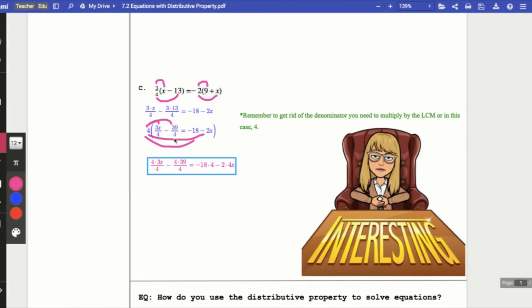All right, so that's what happens when I multiply. It looks insane, but really this is just one step at a time. Let's just take it one step at a time.